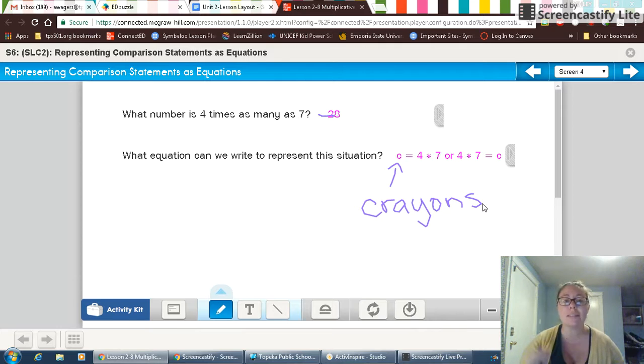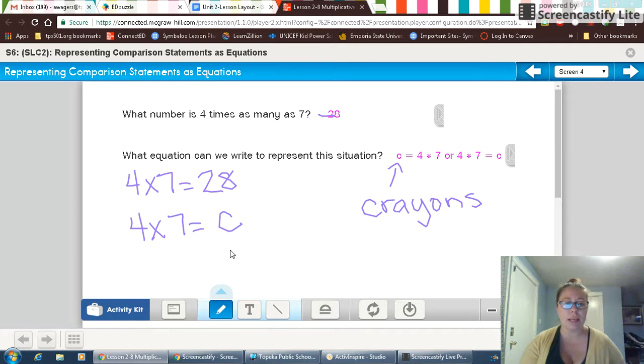The question was asking, how many crayons does Liam have? So we said he has 4 times 7, which equals 28. Instead of saying 28, the answer, I can substitute and write a C. 4 times 7 equals C for the number of crayons that Liam would have. Okay, so this is another way to write a number sentence. Next screen.